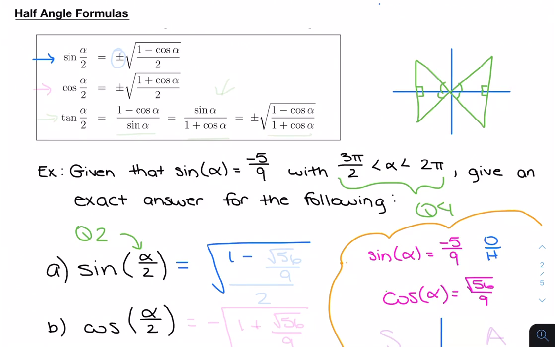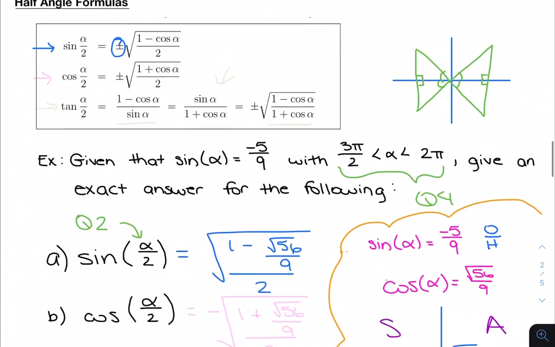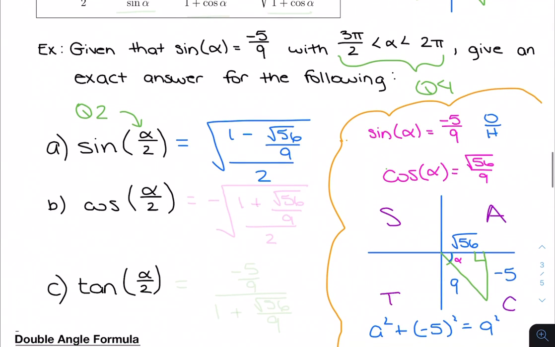We said cosine was the square root of 56 all over 9, and that's going to be all over 2. And now we have to determine whether it's positive or negative. You guys can remember that in the second quadrant, we have all students try cheating. So since our angle is in the second quadrant, sine is positive.